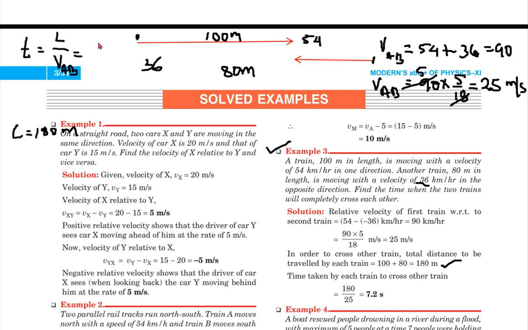Distance is 180 by 25. Dividing, the answer is that each train will cross each other in 7.2 seconds.